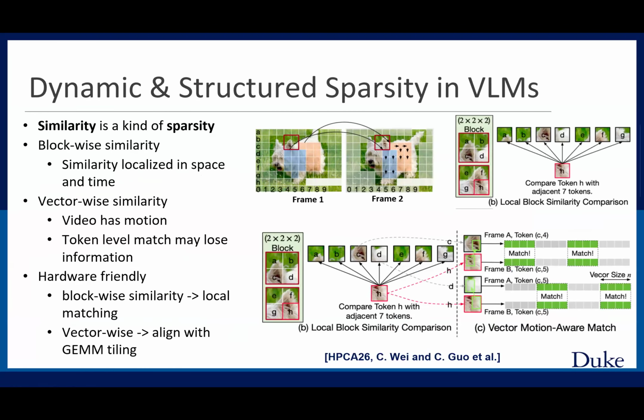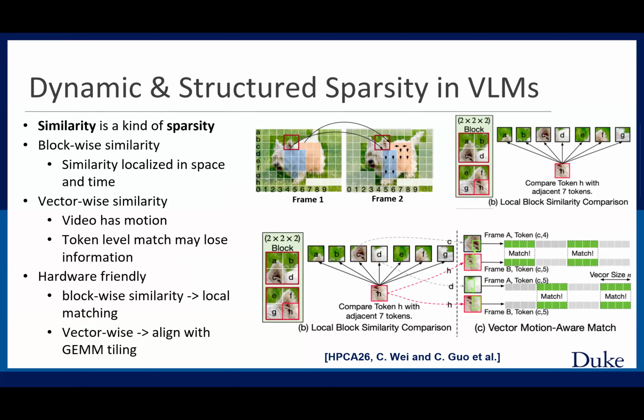Another important part is related to similarity, or what we call structured sparsity. In fact, if you observe images and, more importantly, visuals, you could find high similarities. What I mean here is that similarity can be considered as structured sparsity, right? While observing particular videos, we observe two types of important similarities.